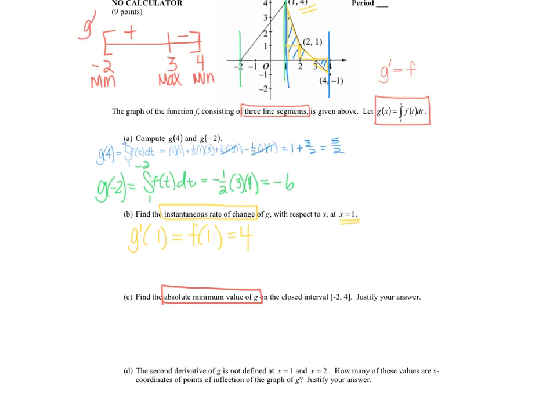So this is something like what I would say. So the absolute minimum value will occur at endpoints and critical values. I shouldn't say and.